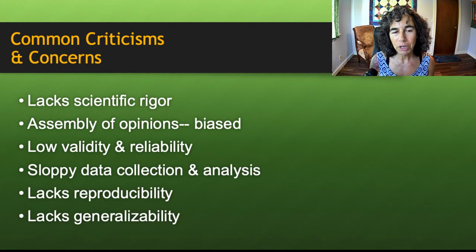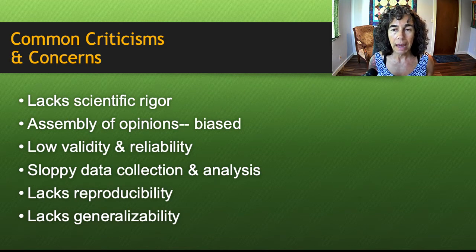So, criticisms and concerns. I've gone over some of them. It's not rigorous enough. It's opinion-based, with low validity and reliability, sloppy data collection and analysis. In other words, if you can just change it whenever you want, how can that be academic and rigorous, right? It lacks reproducibility.